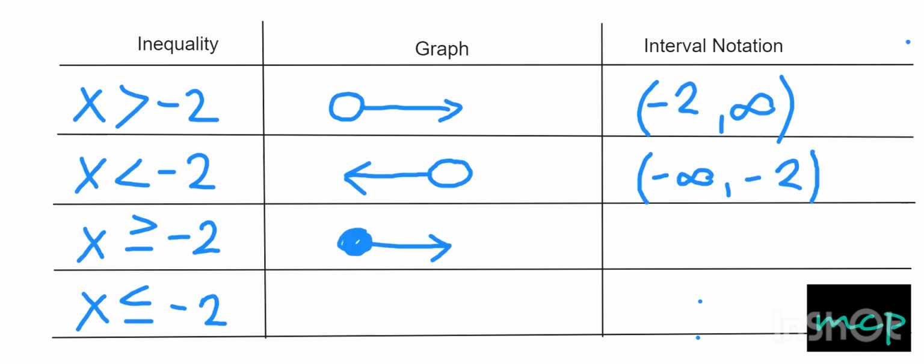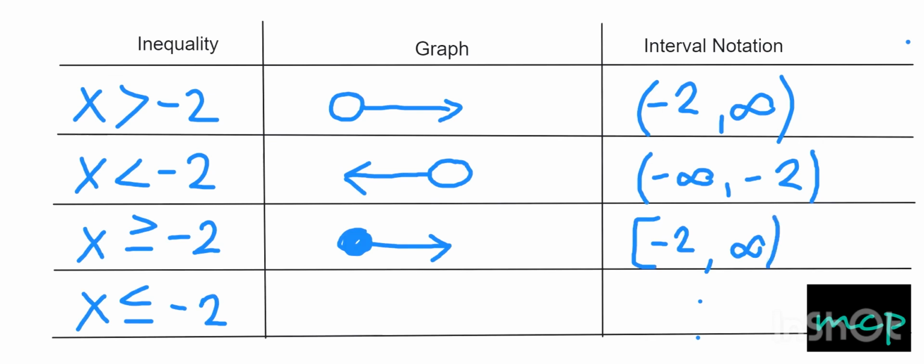Since it is a filled-in circle, meaning that value is included, we have to use a bracket, and then we got there the -2. So that is to the positive infinity, and that should be a parenthesis.